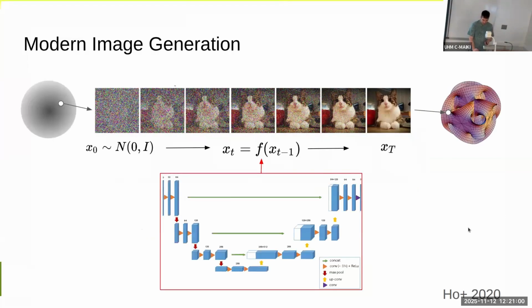So this is just showing a little more mechanistically what this actually looks like. Each step in this process from a normal distribution to an image distribution is a big neural network, which takes in a blurry image and then produces a slightly less blurry image. The mechanics of training this are actually really simple.